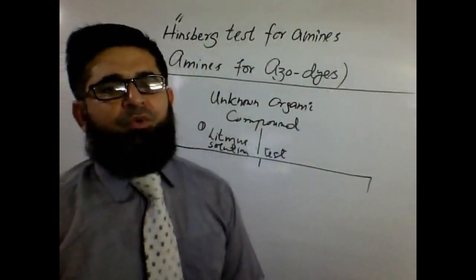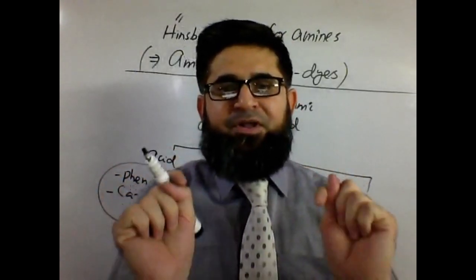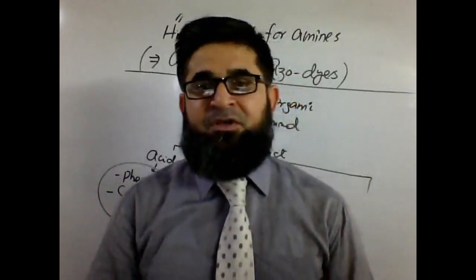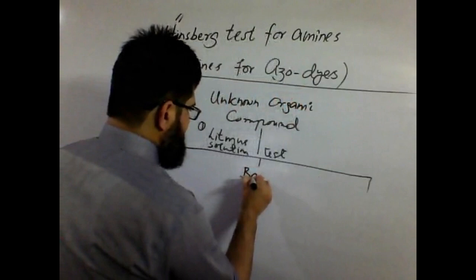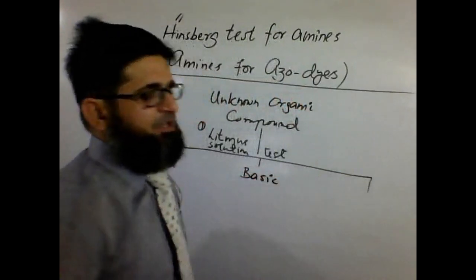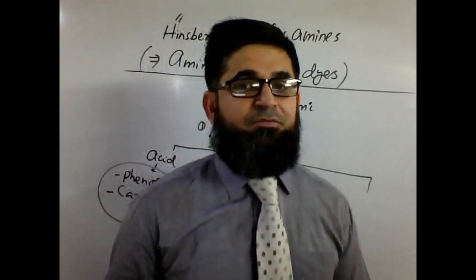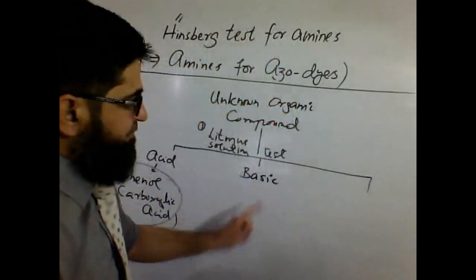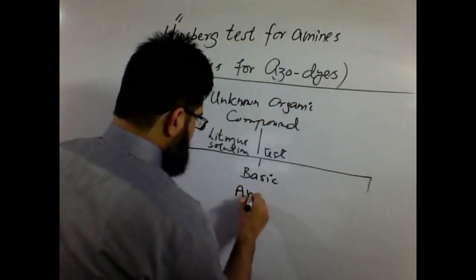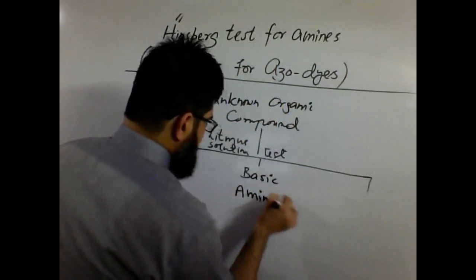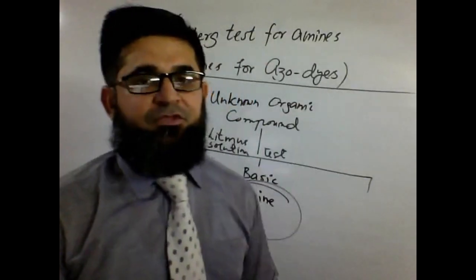Option number 2: if your litmus solution suggests the given compound is a base, not an acid. Litmus solution suggests the acidic, basic, or neutral nature of the given compound. So if it suggests that the given compound is basic, then it should come to your mind that it could be an amine.